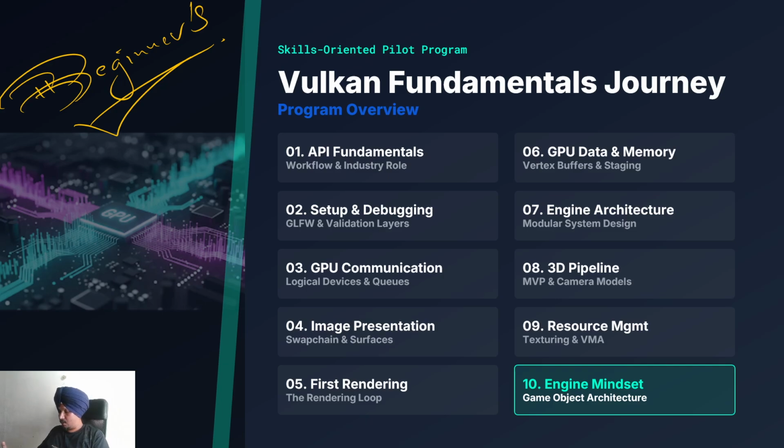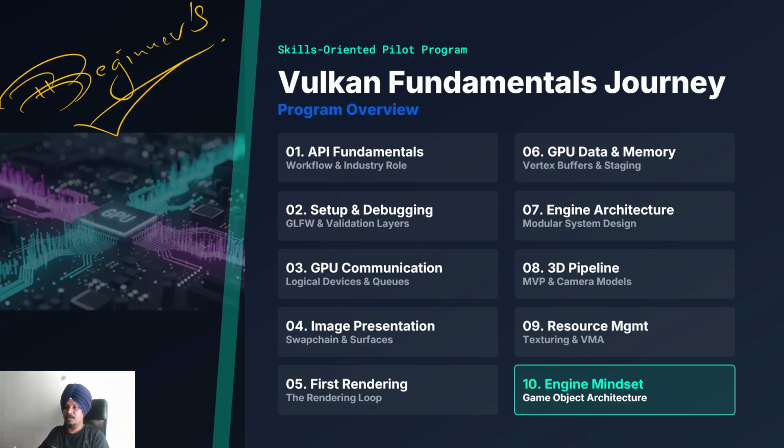Now Vulkan is more towards a modern approach to graphics. Now, I would not say modern because it's already been 10 years, but comparing it to OpenGL, which started way back in the early 90s, there is a shift in today's time.